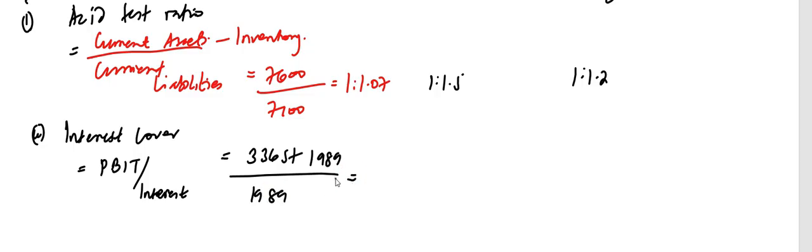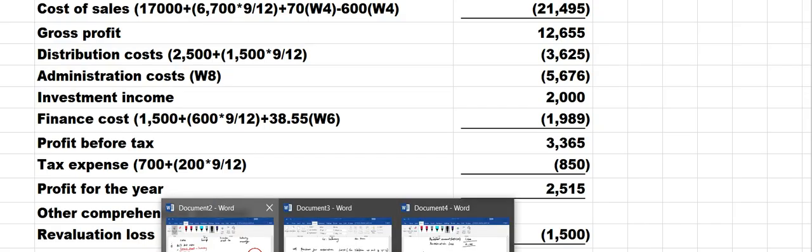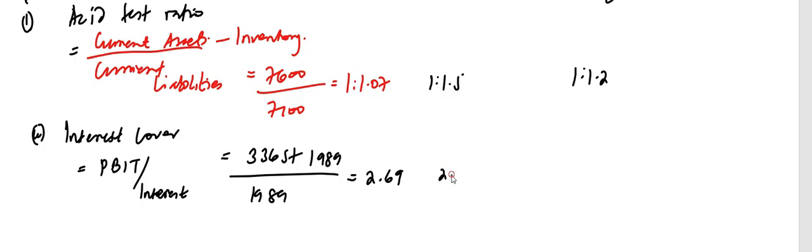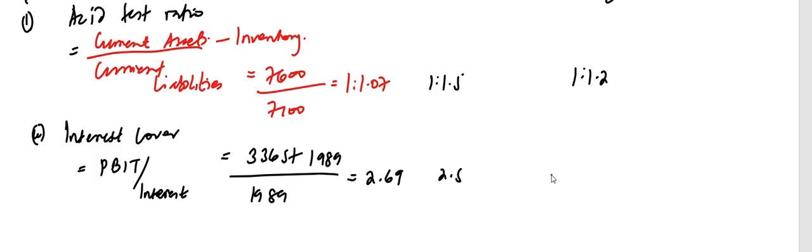This gives us 2.69. Similar sized company, that's 2.5. Then industry average, we have a 3.